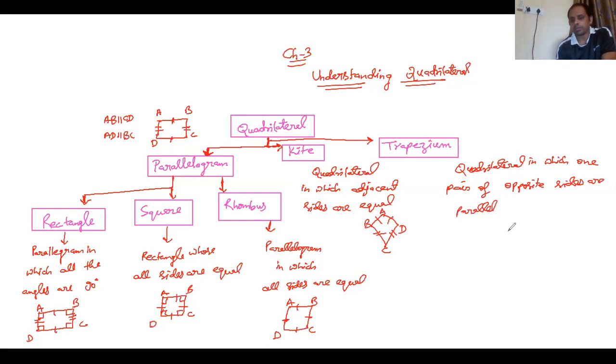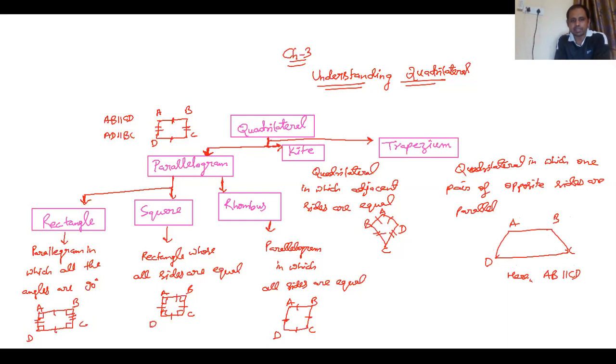If you draw the figure, you can draw it in this way. A, B, C, D. Here, AB is parallel to CD. These are the types of quadrilateral.